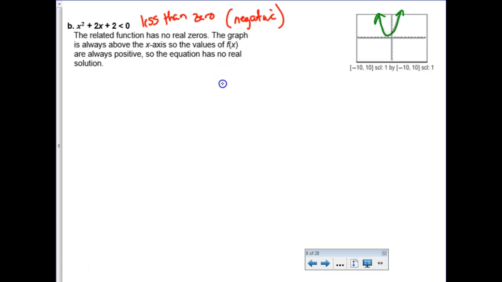I don't want to see no solution symbol. That doesn't really make sense because we're not solving anything. There's no solution to a no solution. So just write the word never. But what if it said, where is this function greater than 0? How do you say everywhere in domain interval? Negative infinity to positive infinity. Very good.